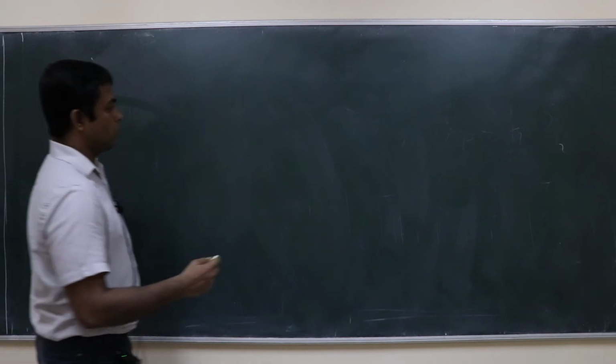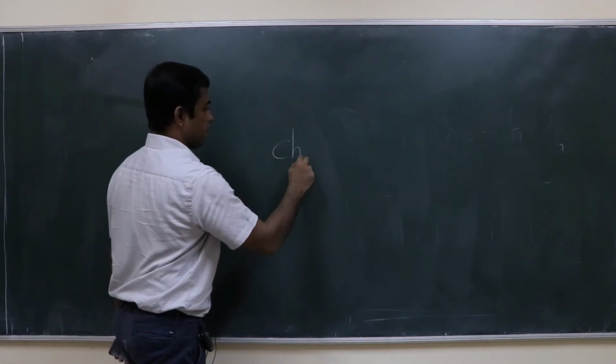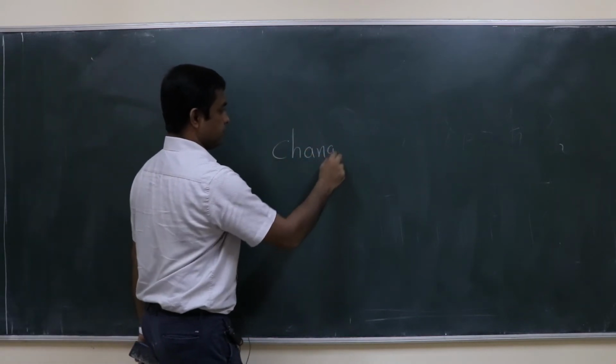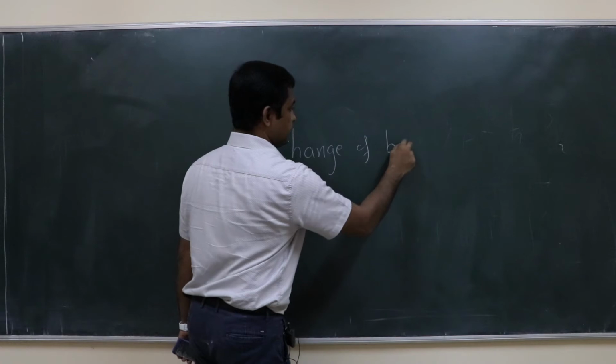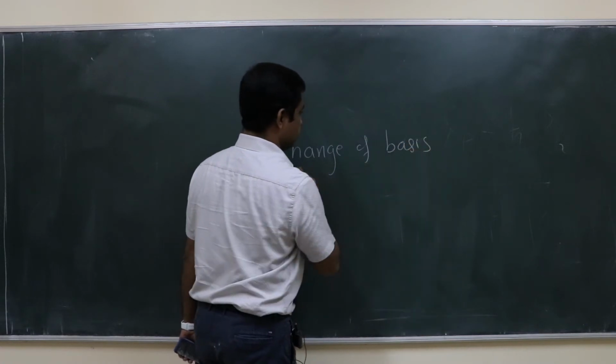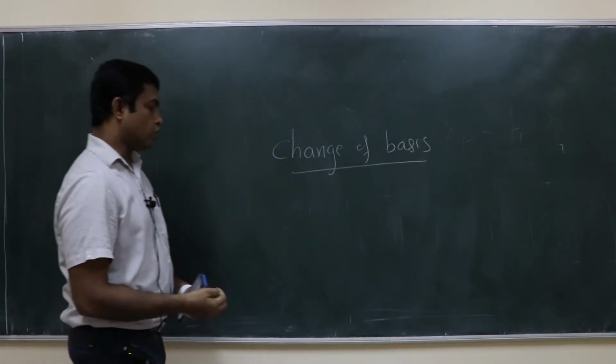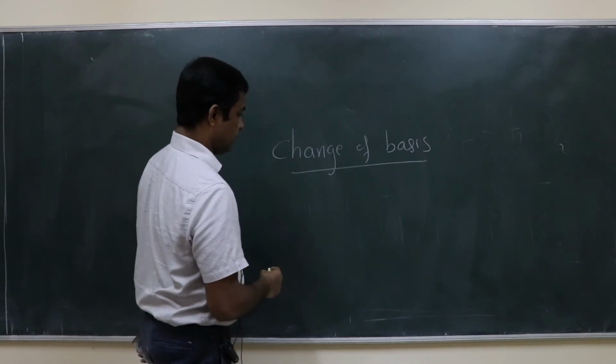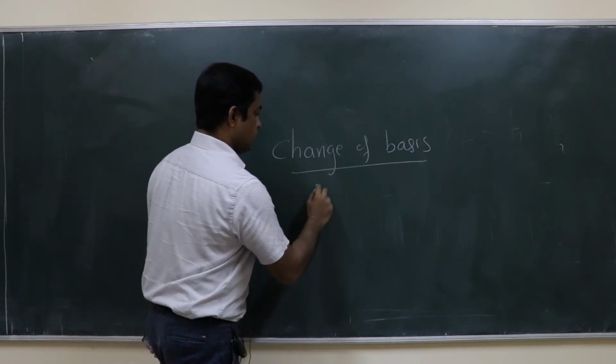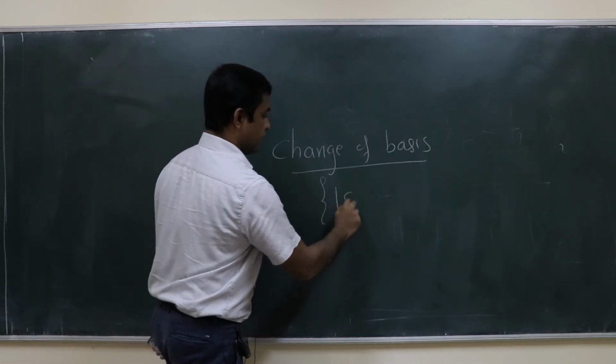So now let us look at the change of basis. Suppose there are two orthonormal basis sets. One is the set ket phi i's.